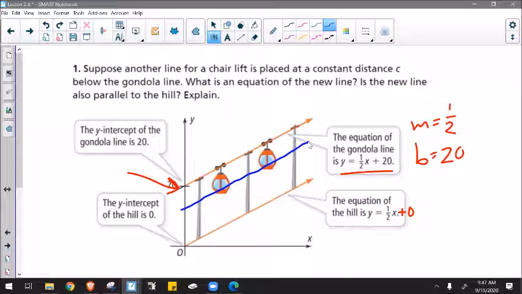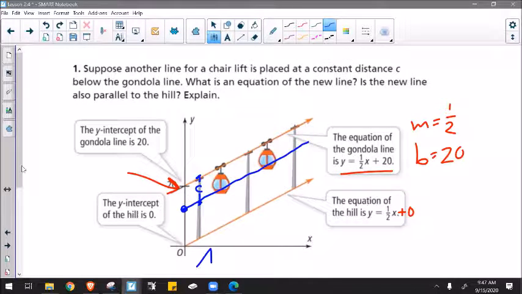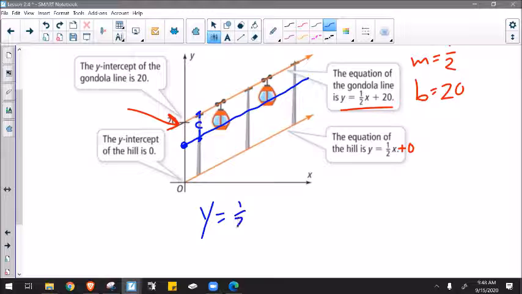All right, so this has a height. We don't know what the height is, but it is c feet below the gondola. This is kind of a weird one, but if we take the guide wire equation, y = 1/2 x + 20, that's the wire.